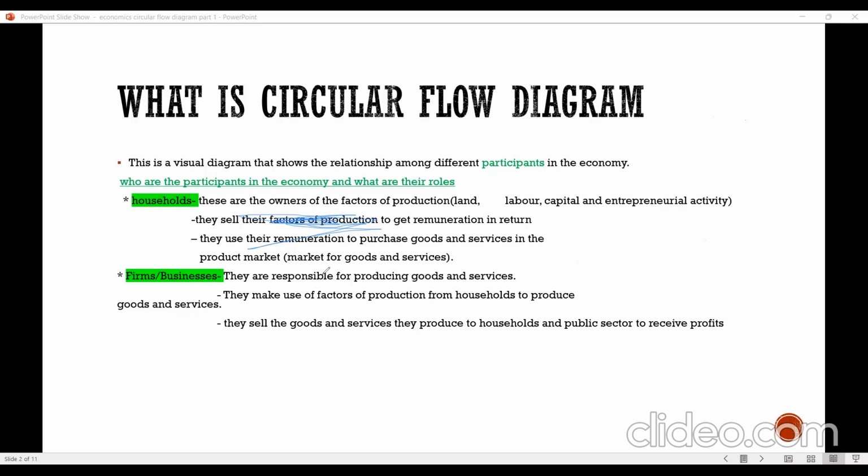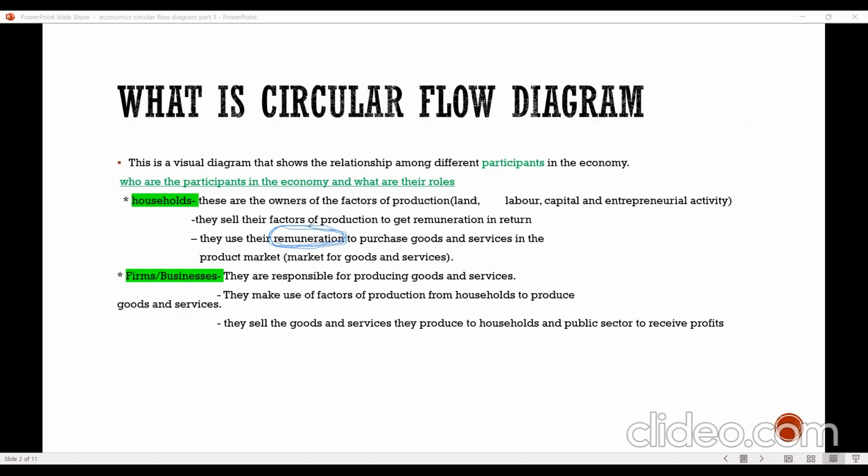Households will then, in turn, get what we call remuneration. What is remuneration? Remuneration is a return, when you get something in return after providing a certain service.